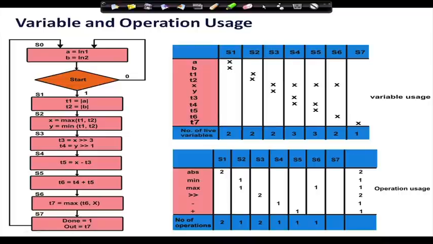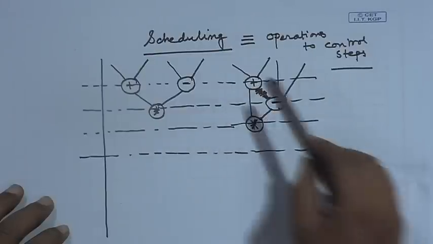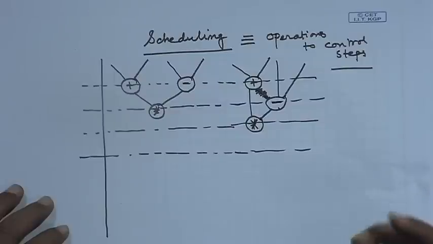But today we will look at how the scheduling can be done so that different aspects can be looked into. One is the resources, the number of adder subtractors that I will be needing, and also the amount of time that will be required for a particular computation. Now, one thing you must understand is that the schedule that I do will also have an implication on the number of functional units that I will be needing.